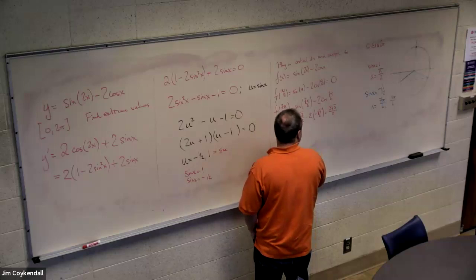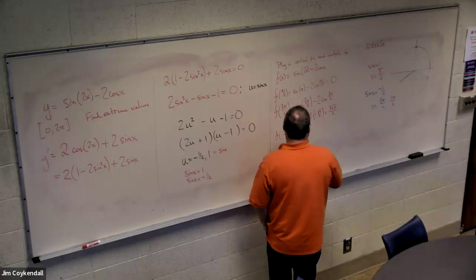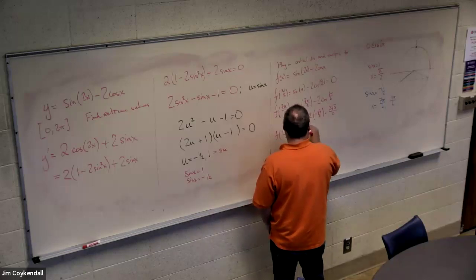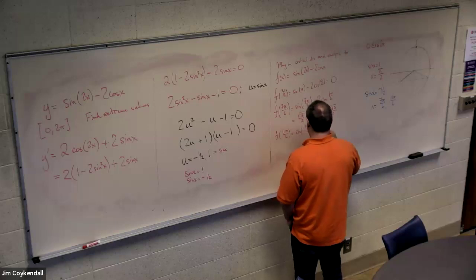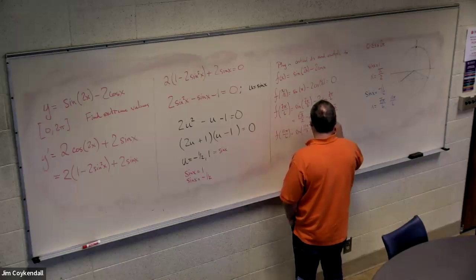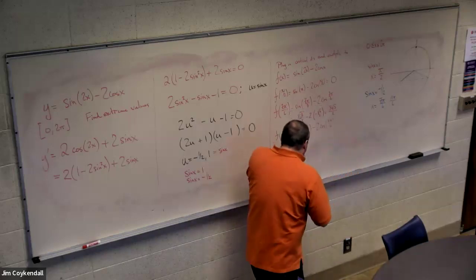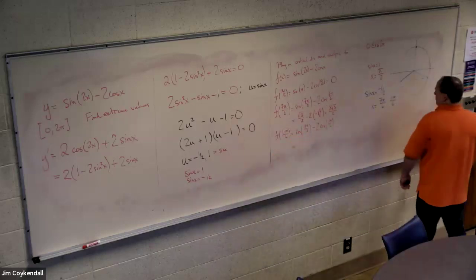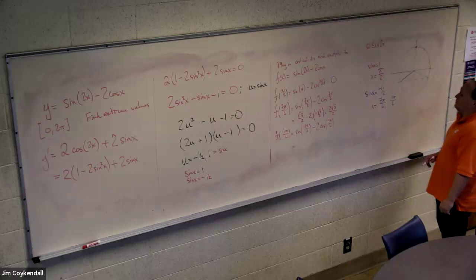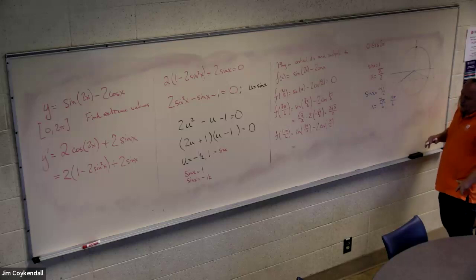f of 11 pi over 6 is sine of 11 pi over 3, minus 2 cosine 11 pi over 6. Now 11 pi over 3 is, well, let's see, I guess that's 12 pi over 3, which is 2 pi, take away pi over 3.